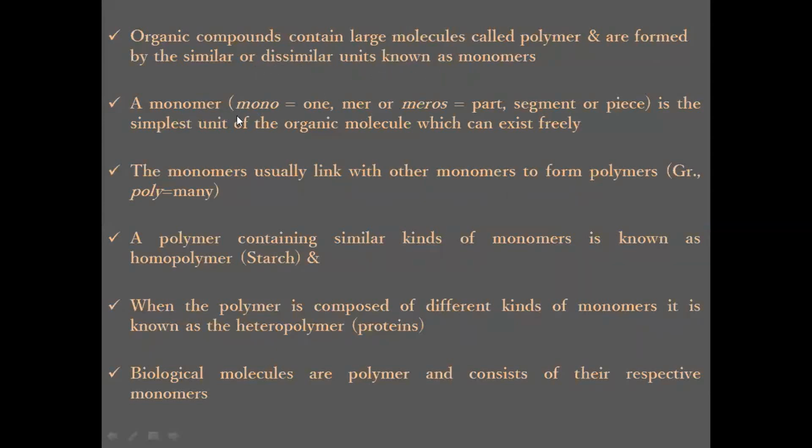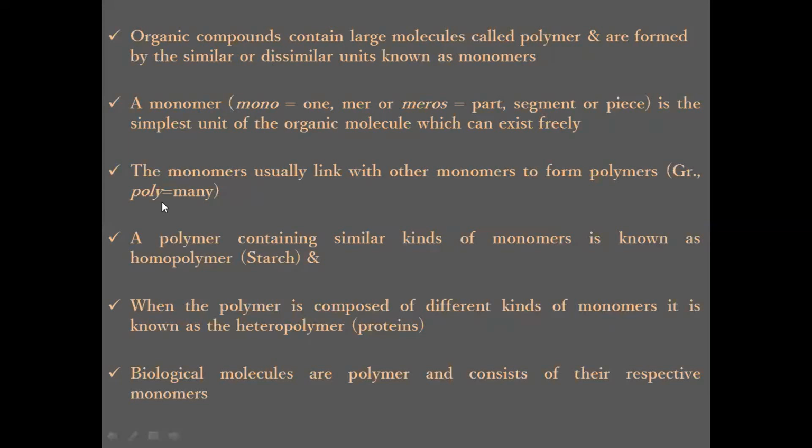A monomer, mono means one, mer or meros means part, segment or unit piece, is the simplest unit of the organic molecule which can exist freely. So a monomer is the basic or smallest unit of an organic molecule. The monomer usually links with other monomers to form a polymer.